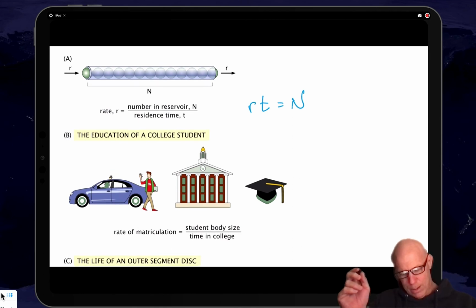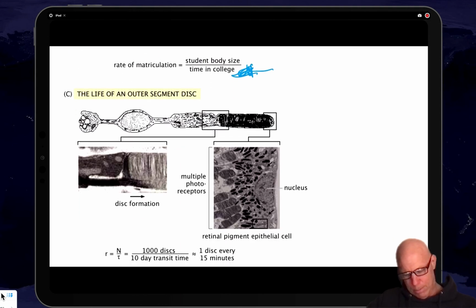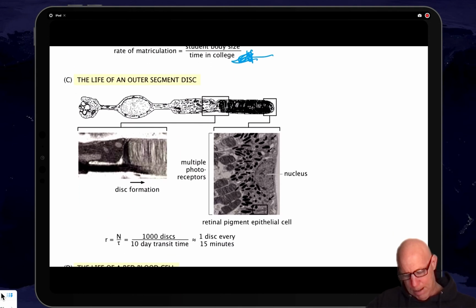Well, let's try that out in the context of the education of a college student. So, at Caltech we have, for the sake of estimate, say that there are 200 students that come per year, so that's my rate of matriculation. And the time in college is 4 years. So if I take my 4 years times 200 per year, that gives me a population size, a student body size of around 800.